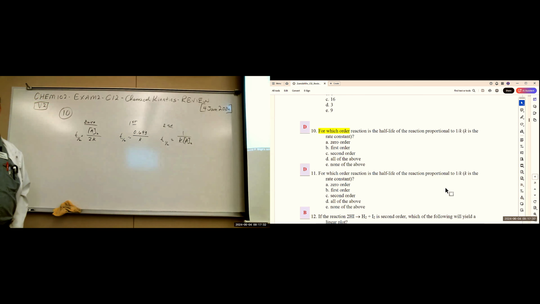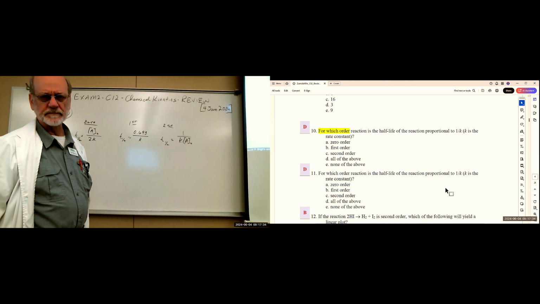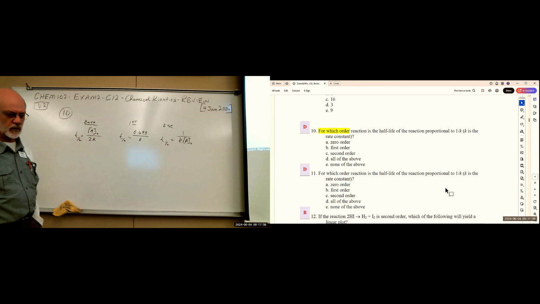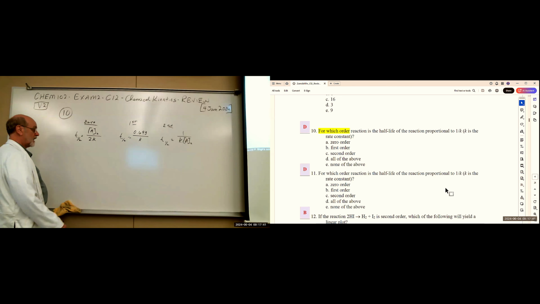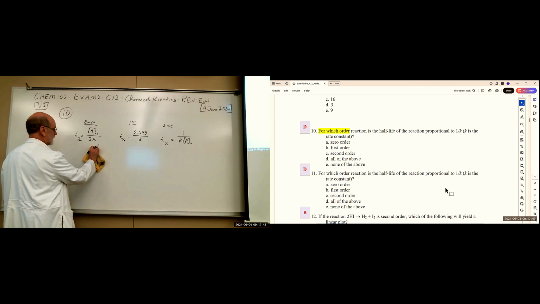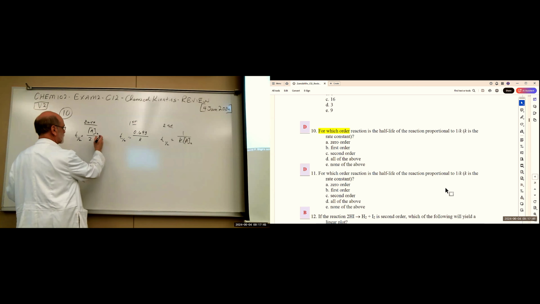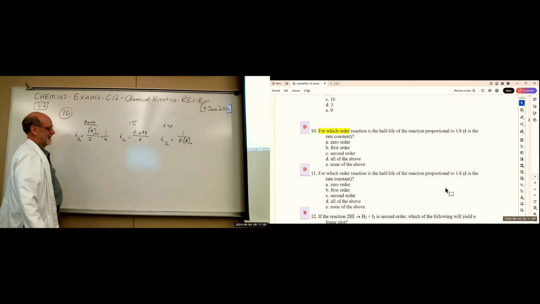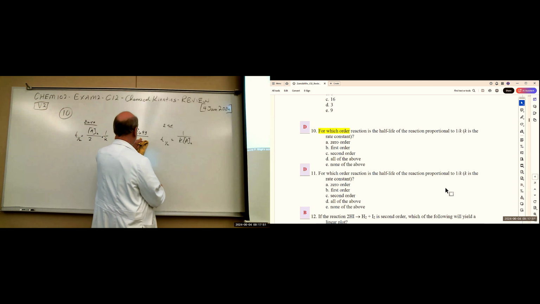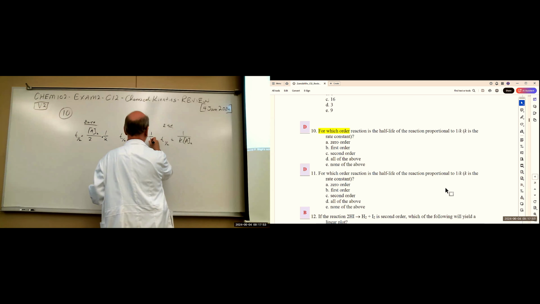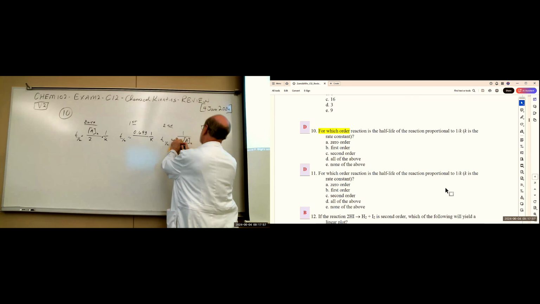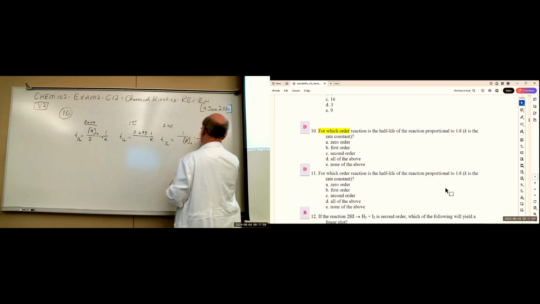So the question is, for which order reaction is the half-life proportional to 1 over K? If we factor out the K value, this would be the same as that, correct? This would be the same as that. And this would be the same as that.